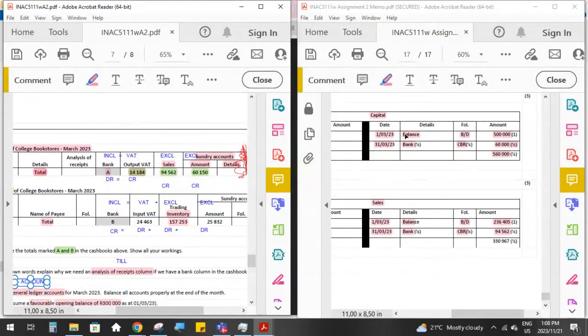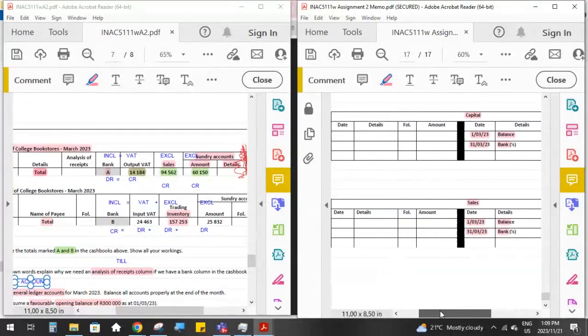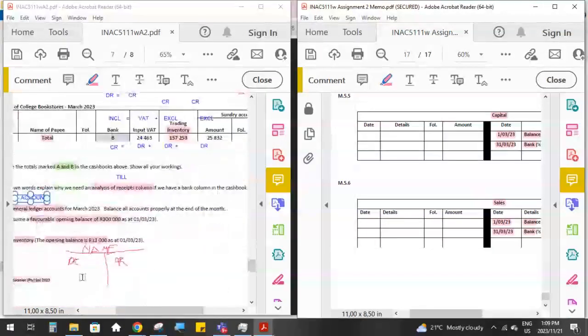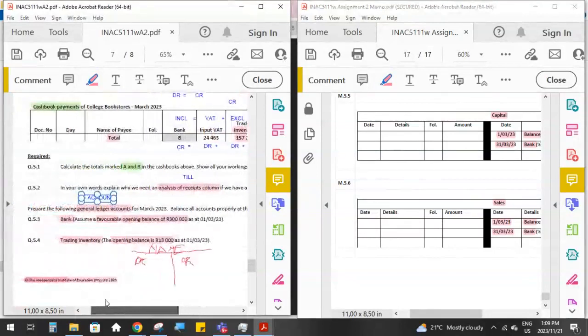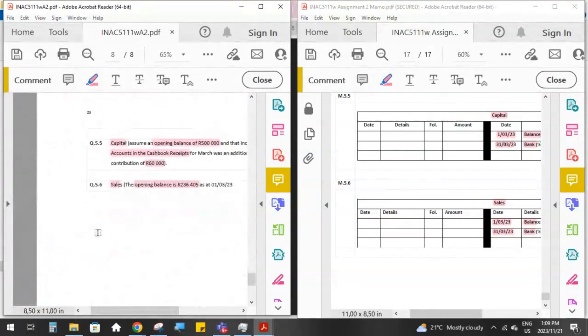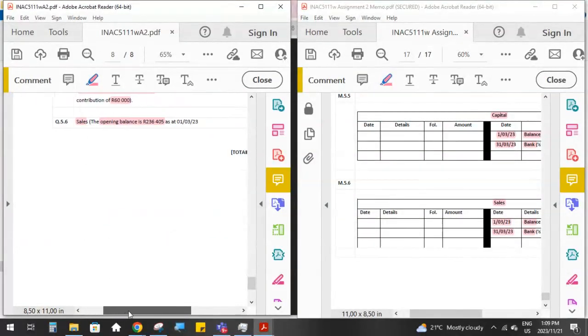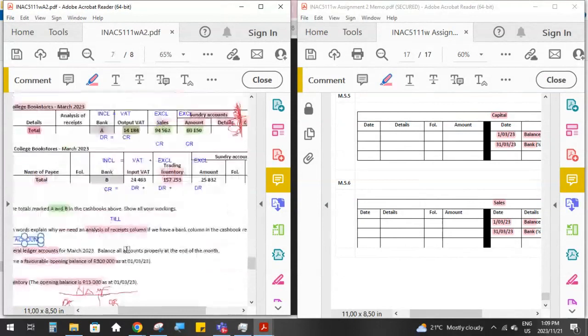Go and have a look at your textbook where they've got these full questions, and go and look at your sales and your output VAT, and trace that back to your cash book receipts so that you can see what I am referring to. And that is the end of the assignment.